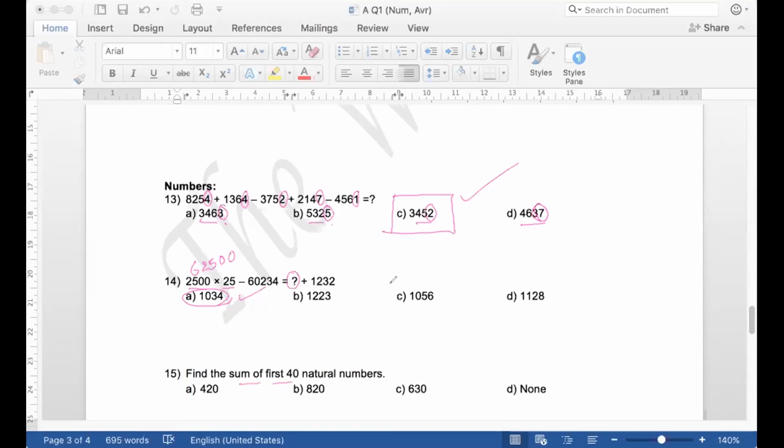Many of you know what it is. N into n plus 1 by 2. That's a simple way of doing it. So n is 40. 40 into 41 by 2. 40 by 2 is 20. 20 into 41. So 41 into 2 is 82. 820 is the answer. Simple question.